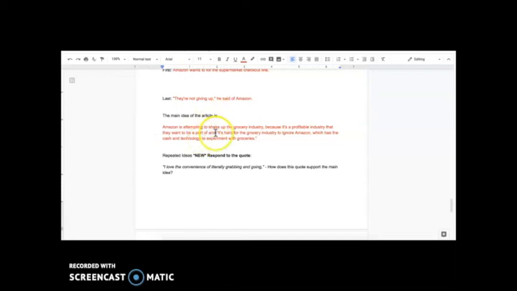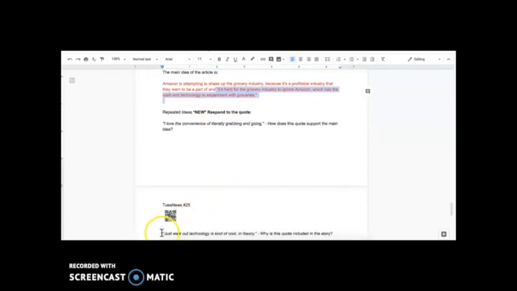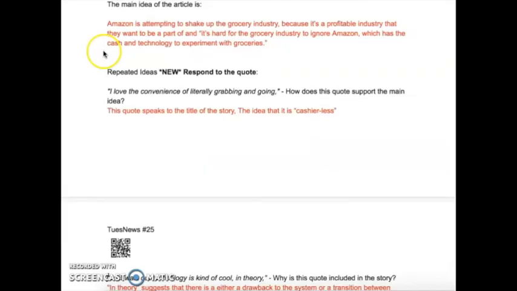This was actually the second to last sentence of the story. So now we have these two quotes. And your job is to look at how those quotes fit in with that main idea.